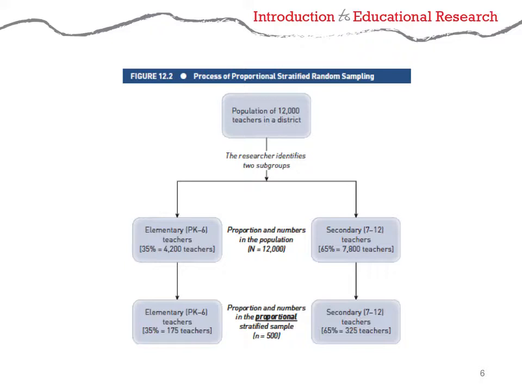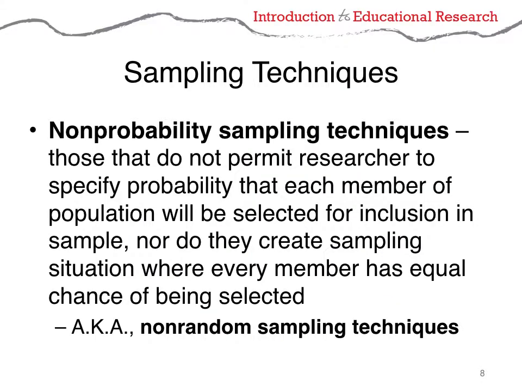Then you can sample out of the 4,200 elementary teachers, and you got a sample of 175. And out of the 7,800 secondary teachers, you got a sample of 325. So that's the concept of stratification.